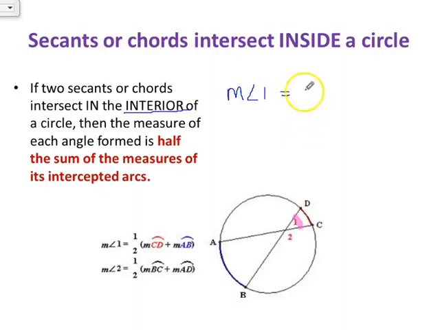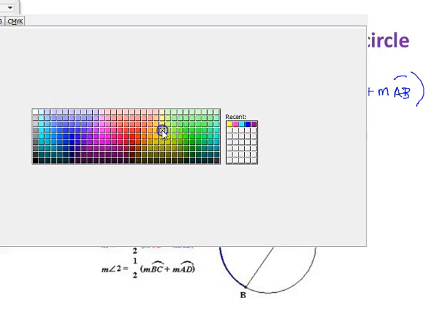So what we would do is we need to add our intercepted arcs, so the measurement of DC, that's one of our intercepted arcs, and the measurement of AB is our other arc. We need to add those up and divide that by 2. So I'm going to highlight the intercepted arcs here.